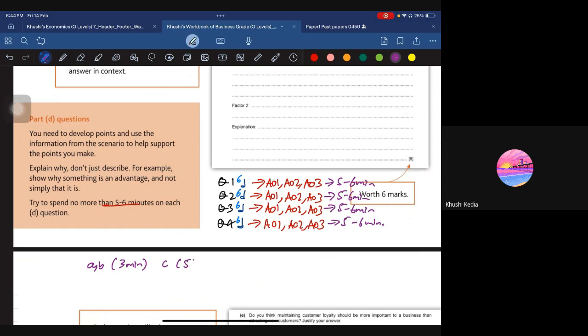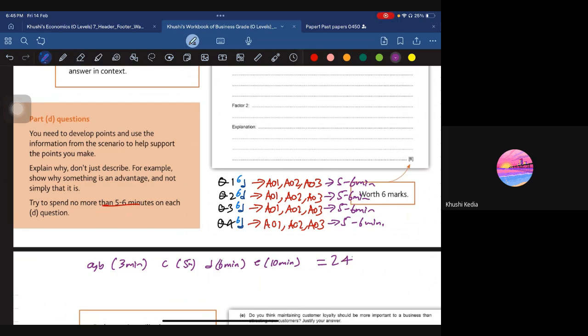I'm just trying to give the maximum time so that we can see how much time we are left with. So about 6 minutes here, 5 minutes here, and in the E part about 10 minutes. So it gives us about 10, 16, 21, 24.